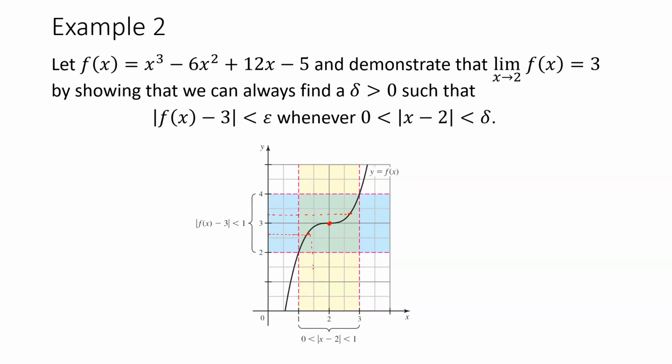There's always going to be some little window around 2 on the x-axis that corresponds with those values. And no matter how tight I want to make that interval, I can just get it really tight. If I close in really close to 3, I can still find a corresponding window around x equals 2 that guarantees that those function values are close to 3.